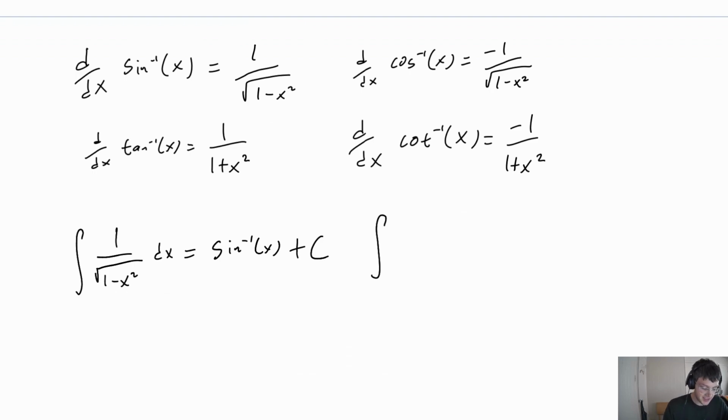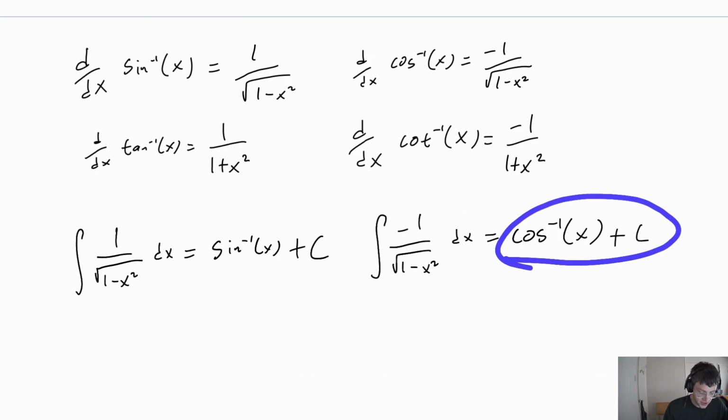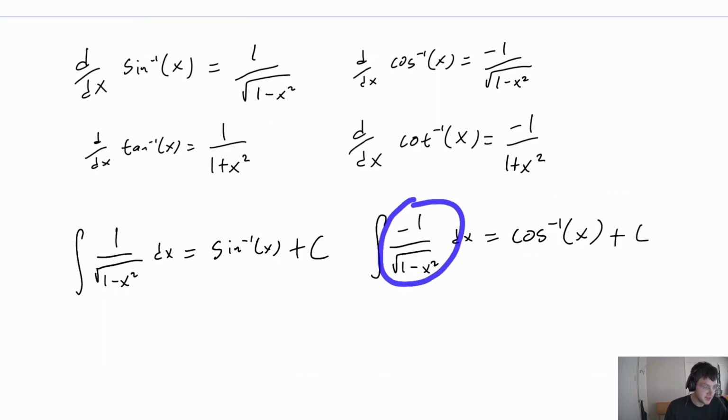Similarly, if we take the antiderivative of -1 over the square root of 1 minus x squared, we're going to get the inverse cosine function. And again, the reason why is because the derivative of the inverse cosine function is this -1 over root 1 minus x squared.